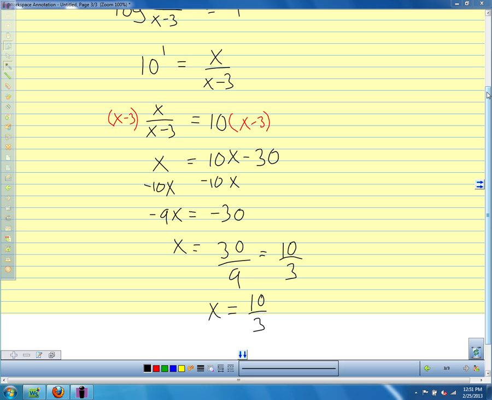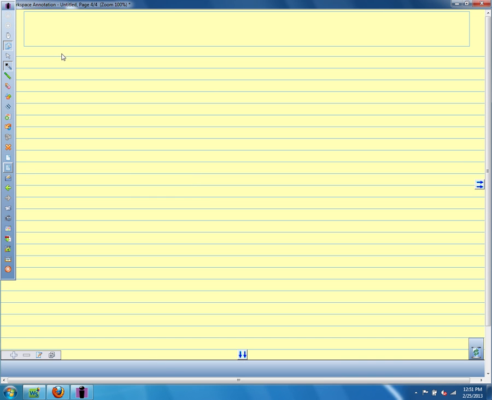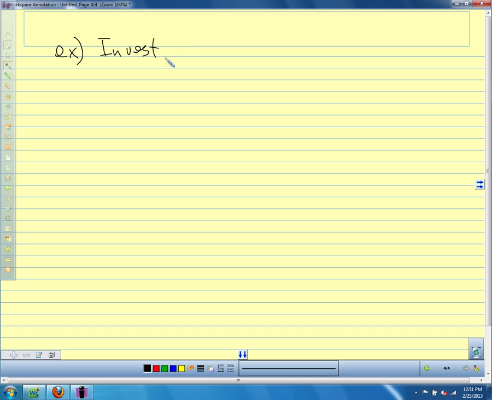All right, I want to do a couple of examples next that have to do with our interest formulas. So solving equations that have to do with our interest formulas. So for this one, we have an investment at 8% interest compounded continuously.